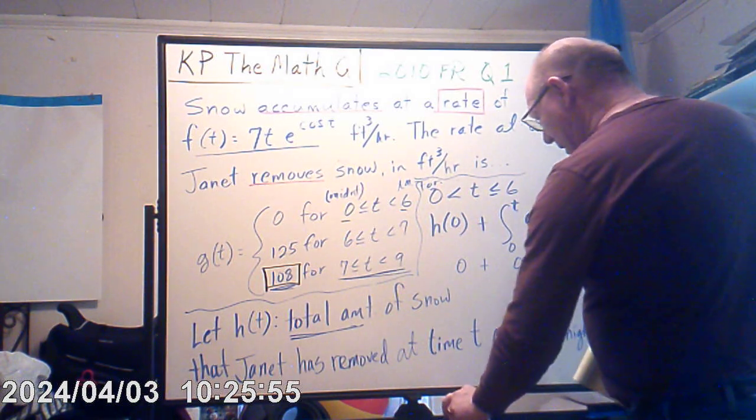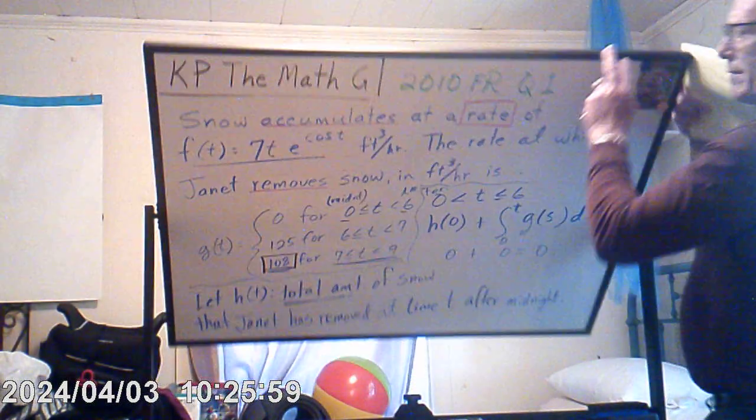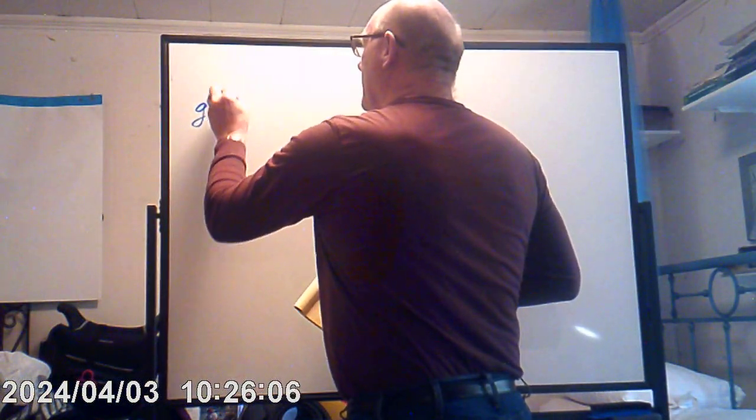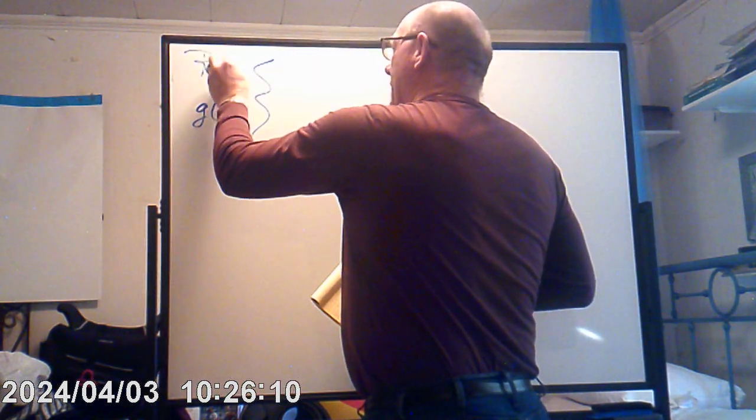Let's go ahead and flip the board over, and we'll make that comparison over here, since let's look at g at t again real fast. We know that we're talking about a rate here.